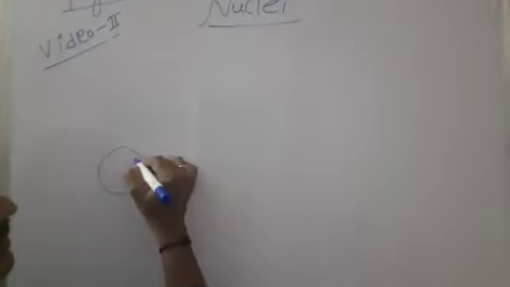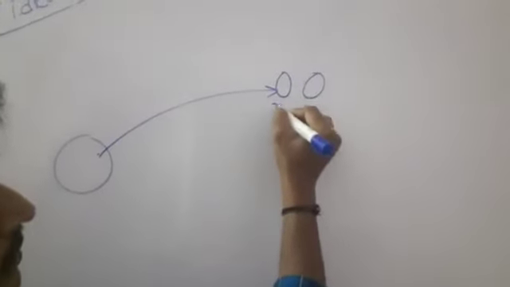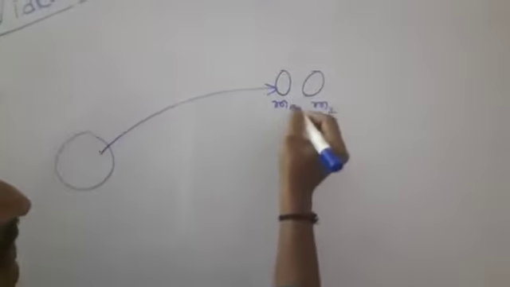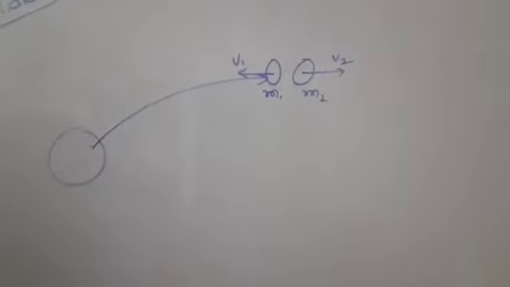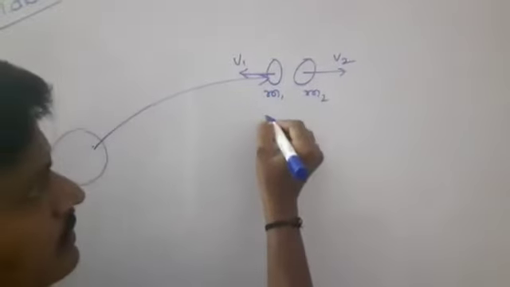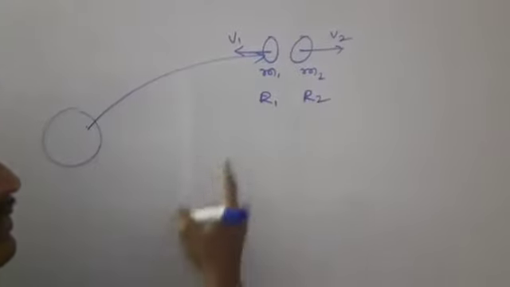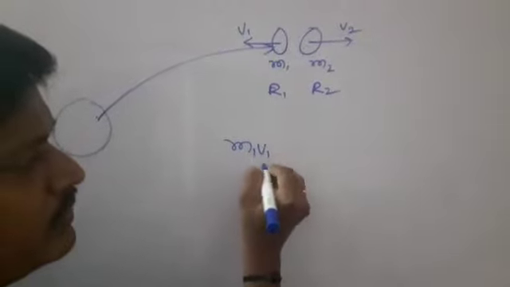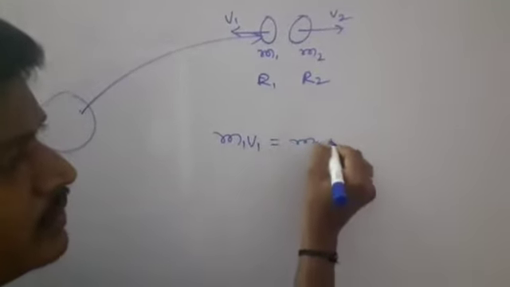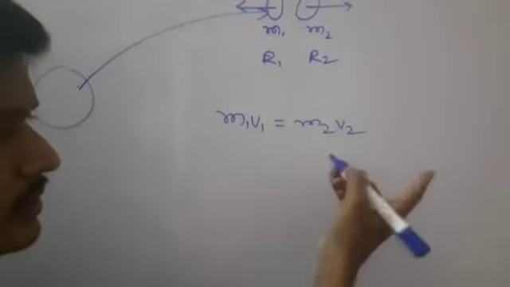Now, a nucleus is broken up into two fragments. The mass of the first fragment is m1 and the second is m2, velocities are v1 and v2, and the radii of these nuclei are r1 and r2. According to the law of conservation of linear momentum, m1 v1 is equal to m2 v2.